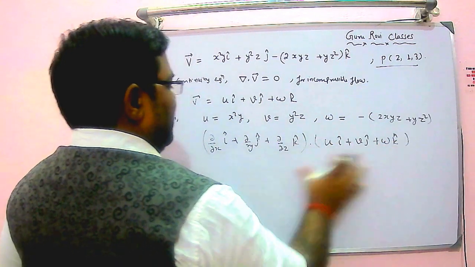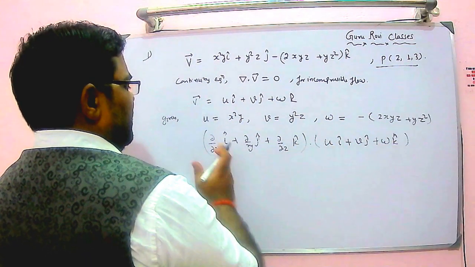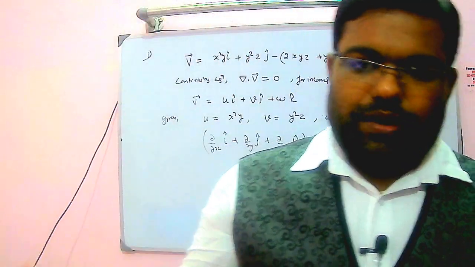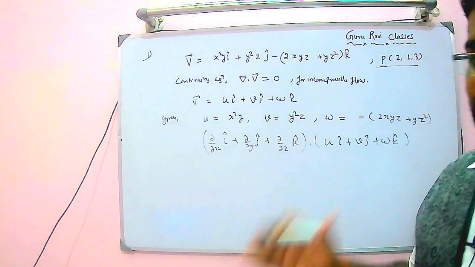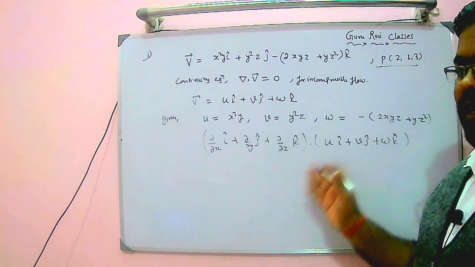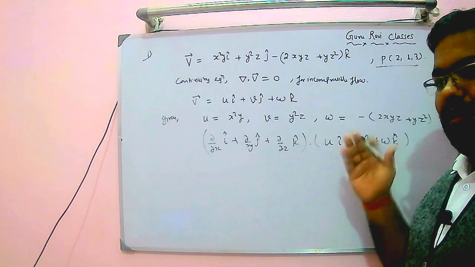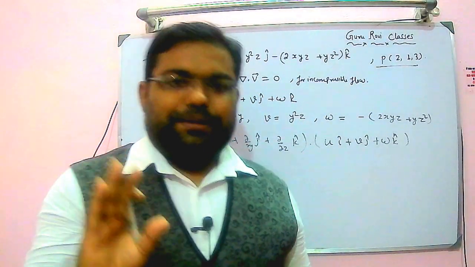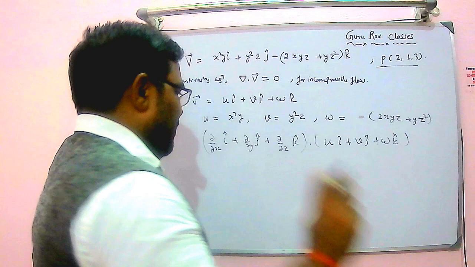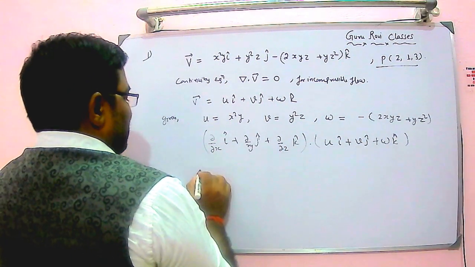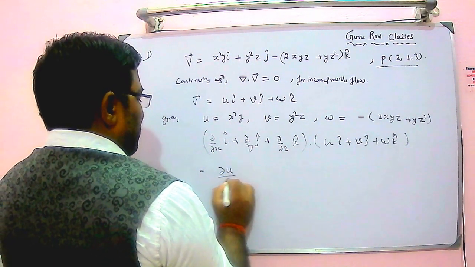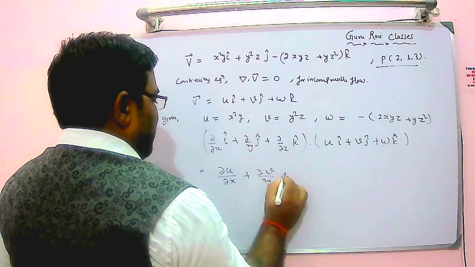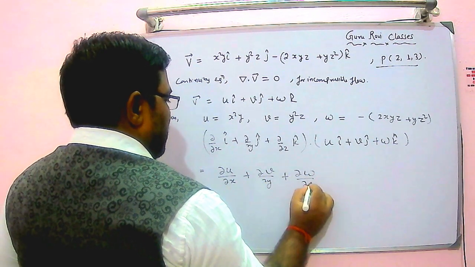If you take the dot product, i dot i becomes 1, j dot j becomes 1, k dot k becomes 1, but i dot j, j dot k and i dot k are all 0. So you get one equation: ∂u/∂x plus ∂v/∂y plus ∂w/∂z.